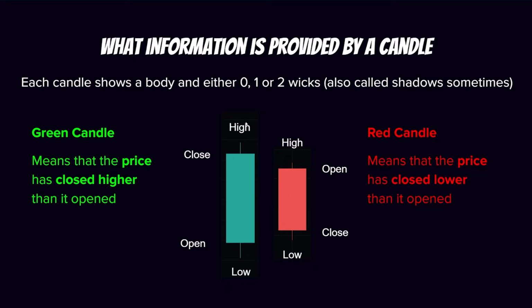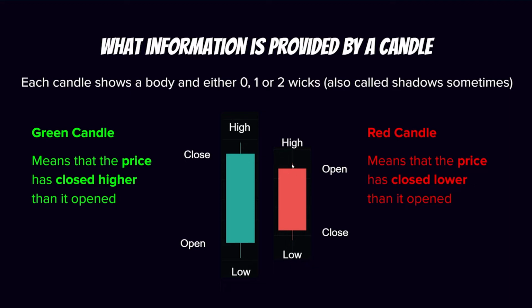Each candle always has an open, close, high and low. Same if it's red, that doesn't change. The high and the low are the same, just the open and close are reversed compared to the green ones. This one means that the price started here, maybe moved somewhere here, went higher, closed here.